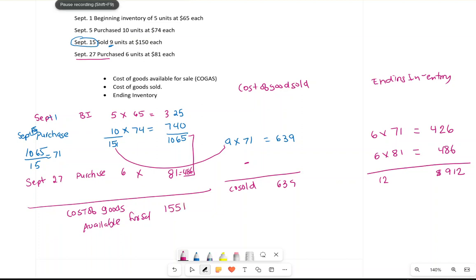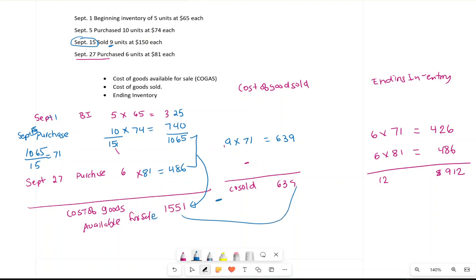I minus the 639, I will get 912. So that's what you would do. 6 at 81 equal to 486. If I add these two numbers, will give me the cost of goods available for sale, minus your cost of goods sold, will give me the ending inventory.